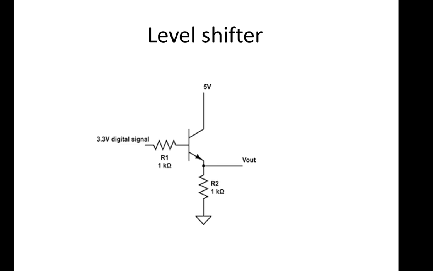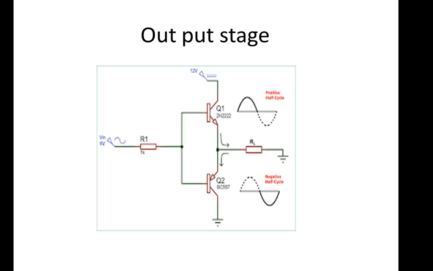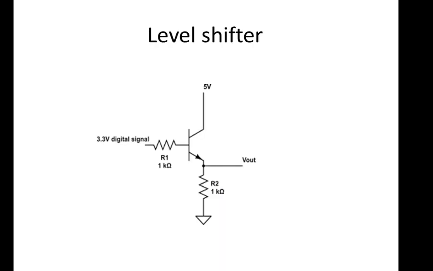So in the op-amp internal circuit, the first one is the dual input balanced output, and the second stage is the dual input unbalanced output. Due to the unbalanced output stage, we are getting some unwanted voltage, or we are not getting the perfect DC that we require. That's why, in order to get the required DC, we are using the level shifter stage. This is also called the level translator.